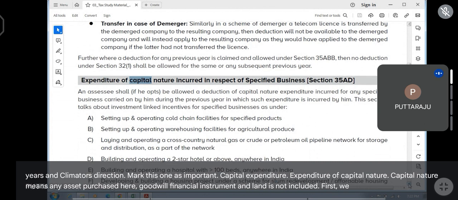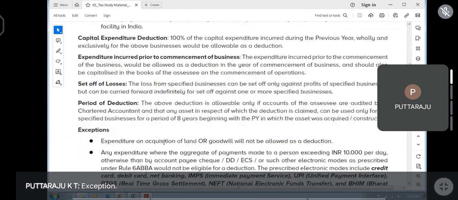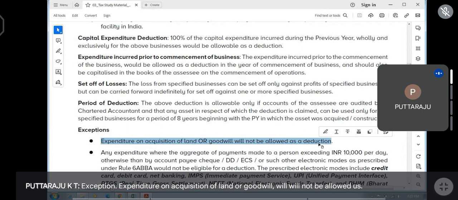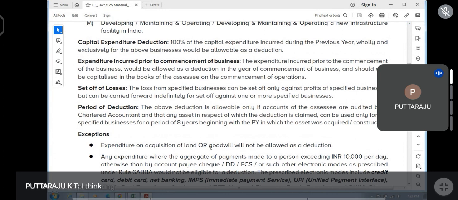First, we will go to ineligible assets. Exception: expenditure on acquisition of land or goodwill will not be allowed as deduction. I think financial instrument is also included.